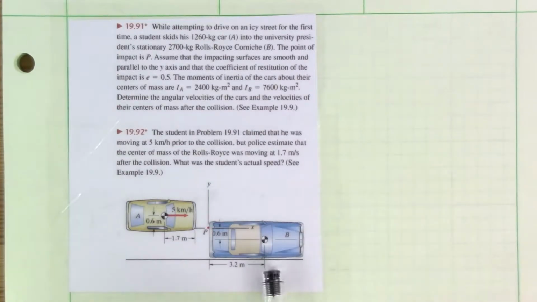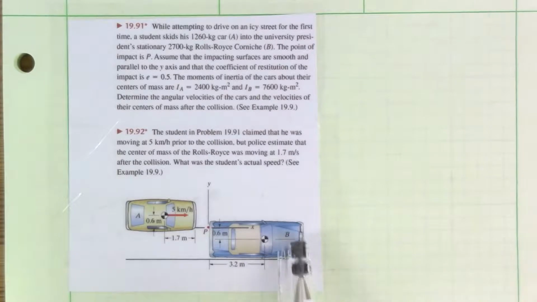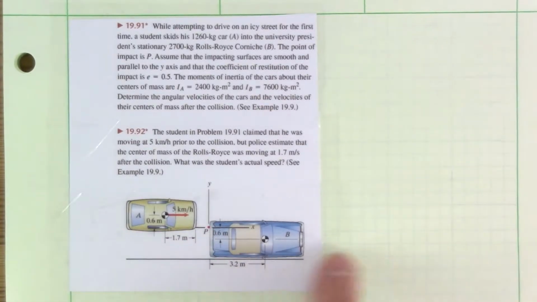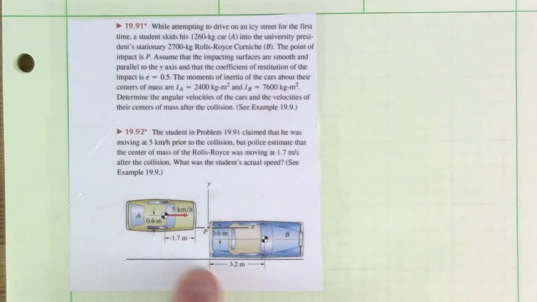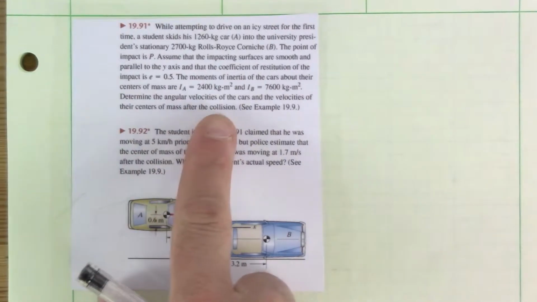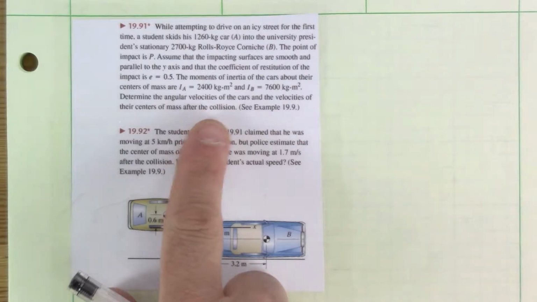So we know that the car moves at 1.7 meters per second. So that's, I would say, more realistic, right? So then you would do the analysis where the known information is one of the velocities afterward, and then we would want to determine this velocity as another input. Okay, so, oh, and I said angular accelerations. I'm sorry, we're going to be determining angular velocities.